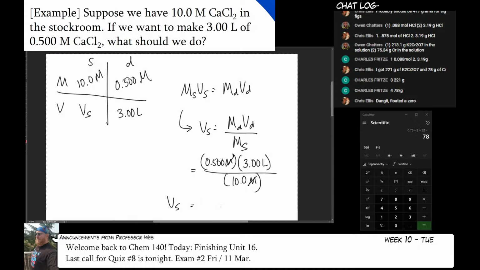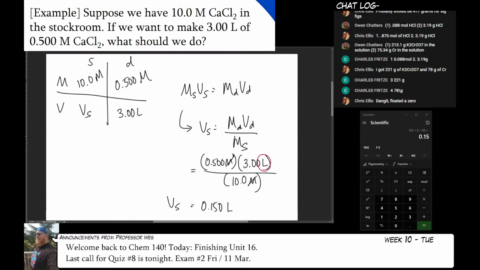And what I'm left with is going to be the stock volume that I need from the stock solution. So that's 0.5 times 3 divided by 10. And I get this number in liters.